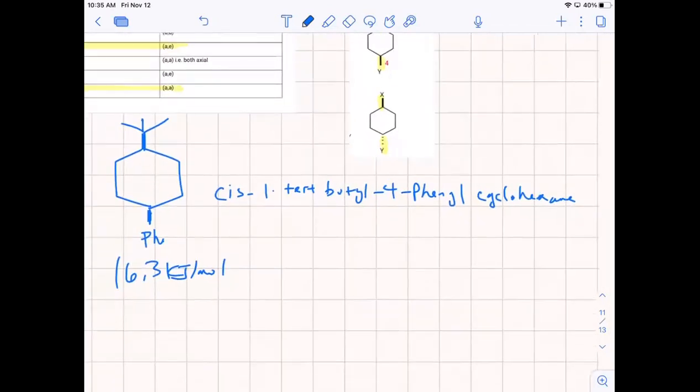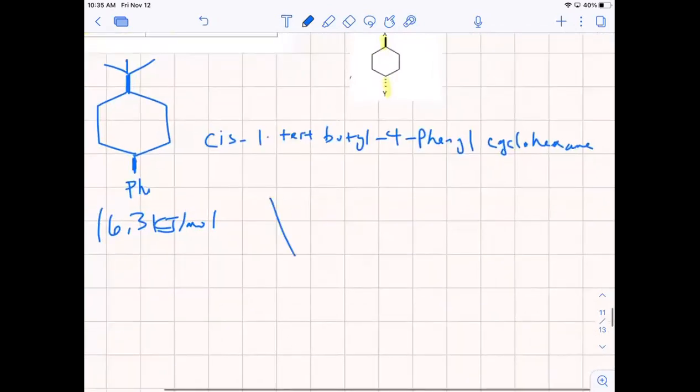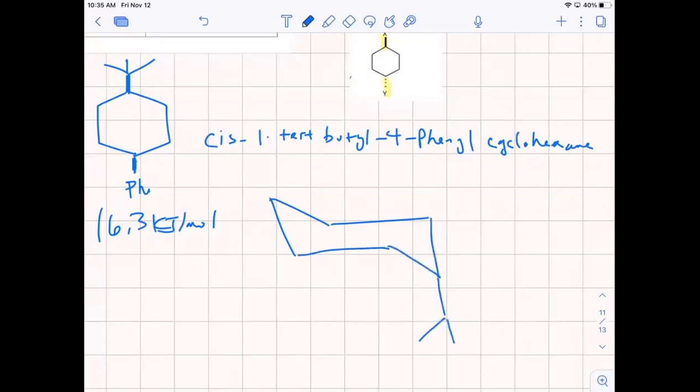All right. So for this chair, I'm going to start here, and I'm going to put the tert-butyl axial, and then I'm going to put the phenyl equatorial.